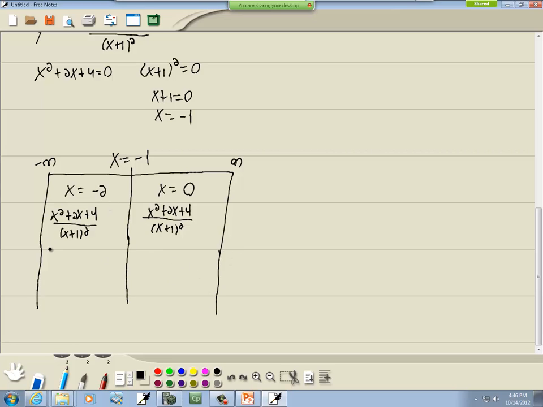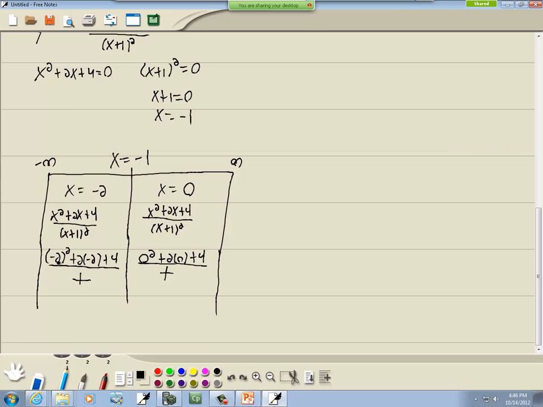If I plug in -2, I got -2 squared plus 2 times -2 plus 4. And anytime you square anything, it's always positive, so I don't need to plug it in the bottom part. And here I got 0 squared plus 2 times 0 plus 4 over a positive number.